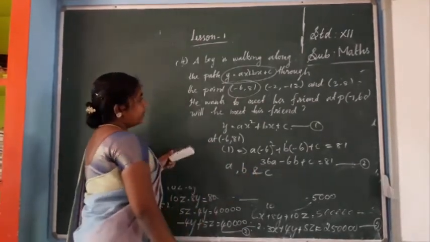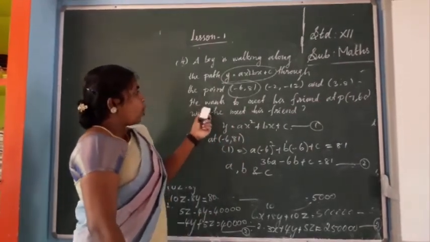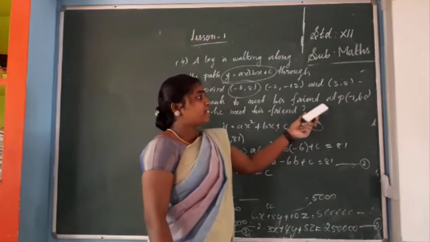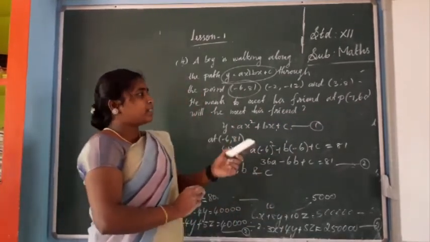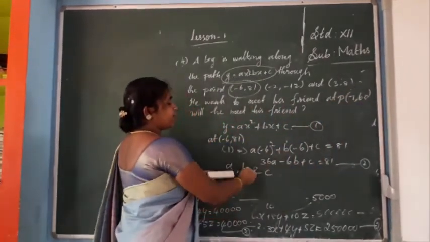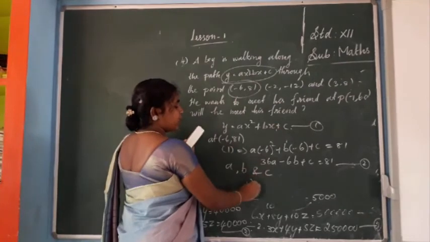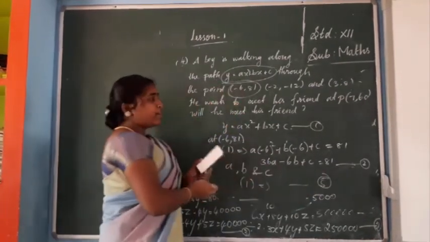Finally, one last question is there. He wants to meet his friend at P of 7 comma 16. Will he meet his friend? It's very simple. After getting a, b, c, you substitute a, b, c in the first equation, so you get one more equation, equation 5.